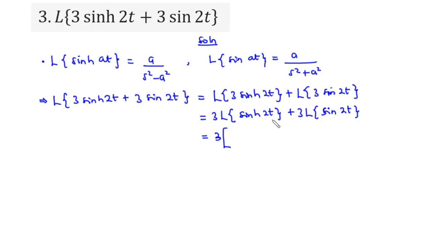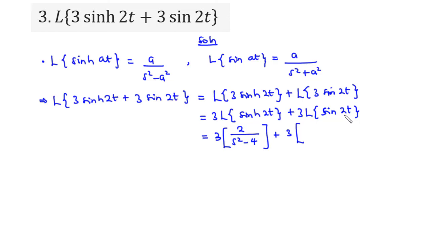So using this property, we have the Laplace transform of sinh 2t to be, now a is 2, so we have 2 divided by s square minus 2 square. Now 2 square is 4, plus 3 times, now the Laplace transform of sine 2t, we are going to use this property.